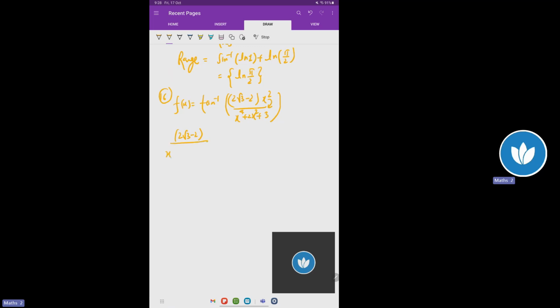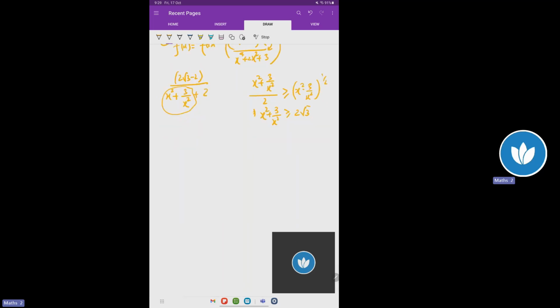If we divide, this becomes x square plus 3 by x square, plus 2. Now we can apply the AM-GM inequality on this. Since both are positive quantities, the sum by 2 is greater than or equal to the product of the two to the power half. So obviously its value would be greater than or equal to 2 root 3. It means its minimum value is 2 root 3.